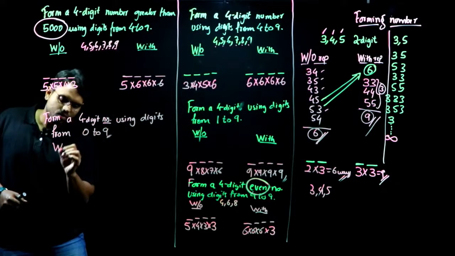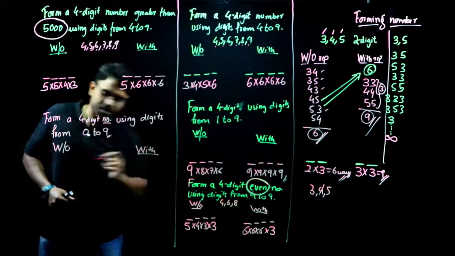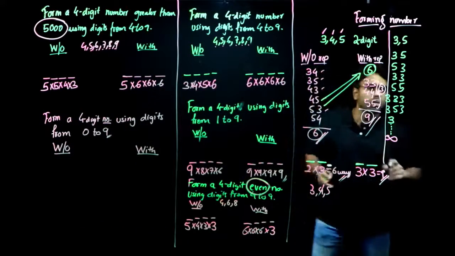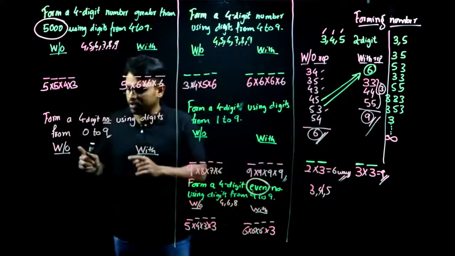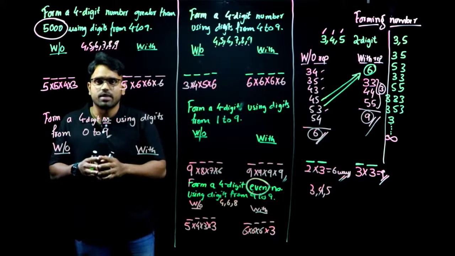Both the cases, one is without repetition, the other one is with repetition. So after you're quickly done with copying whatever is on the screen, you attempt this, or you attempt this now and then copy whatever is on the screen.